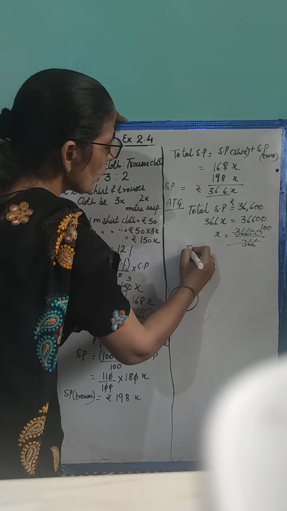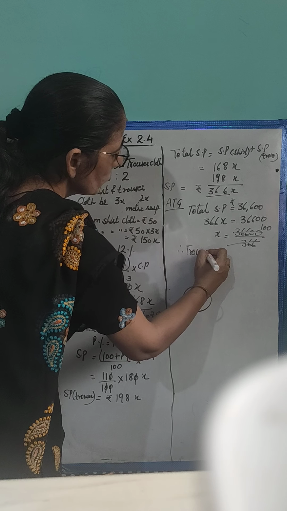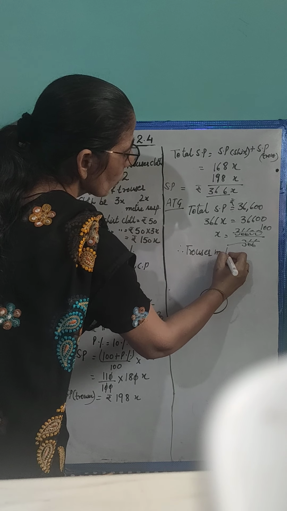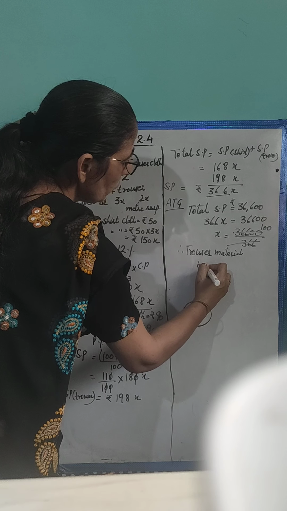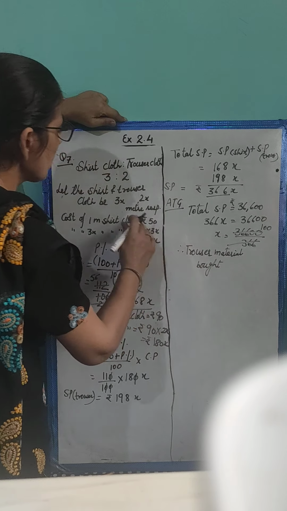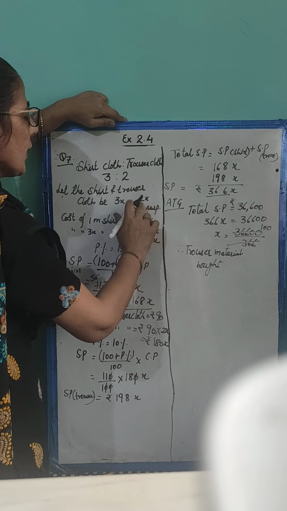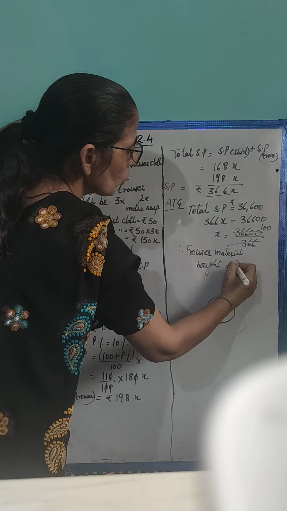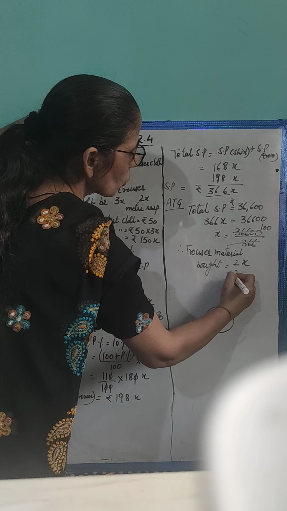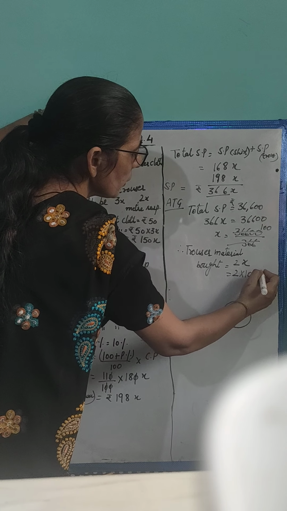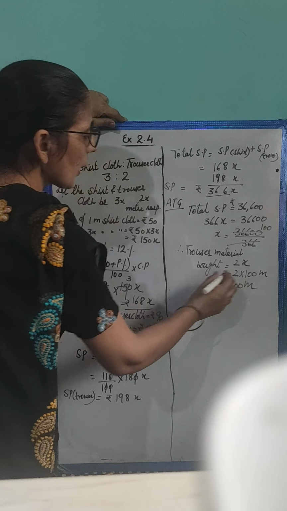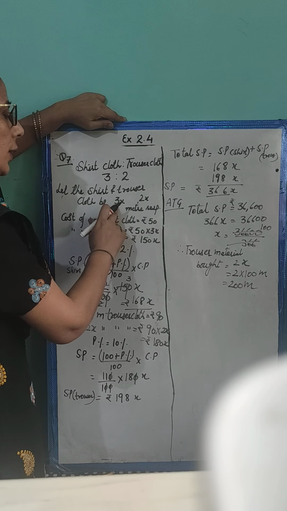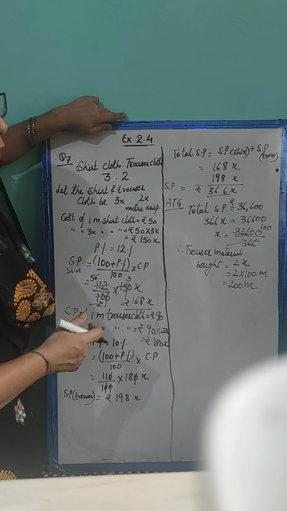Therefore, trouser material bought was 2x respectively. So 2 into x, so 2 into 100 meter, that is equal to 200 meter. If they had asked for shirt material, then it's 3 into 100, 300 meter.